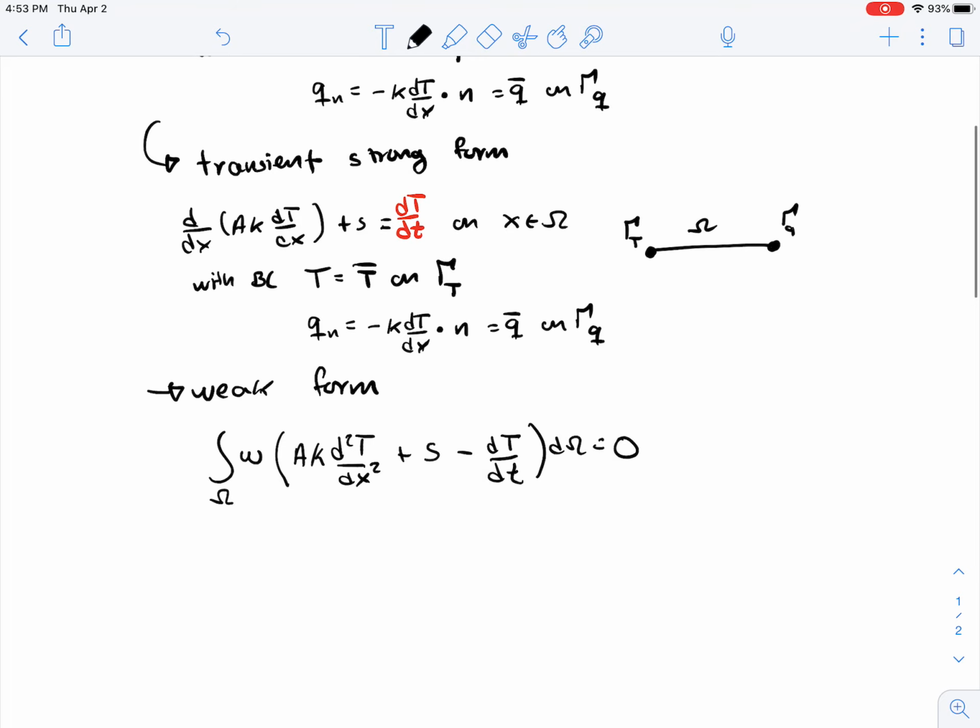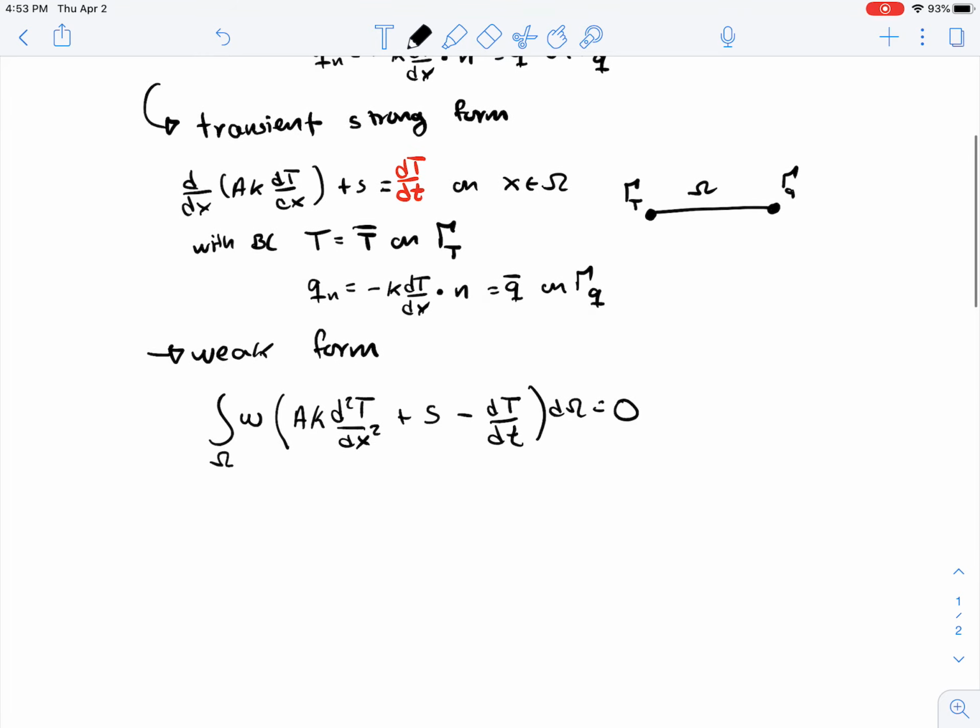Multiply it by omega, integrate over the domain, and then do integration by parts. I'm gonna skip a few steps, but hopefully if you go back to the previous lectures, you'll be able to see where this is coming from.